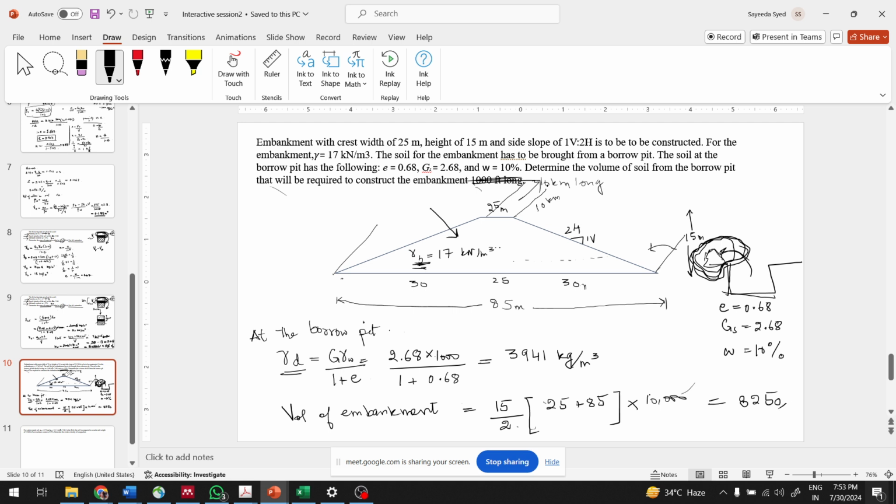Let's make it 1 kilometer. There are too many zeros here. Okay, 825,000 meter cube. Okay, so this will be the volume of the embankment.